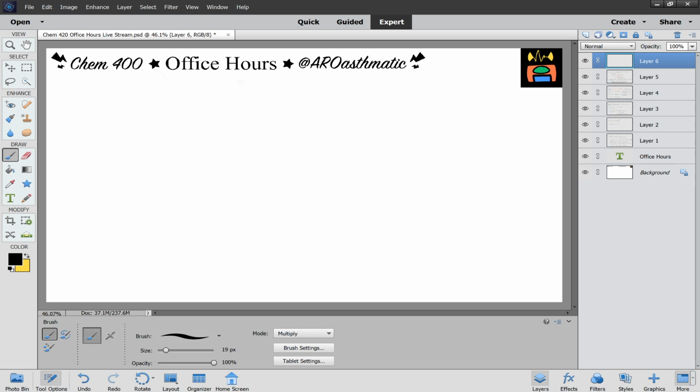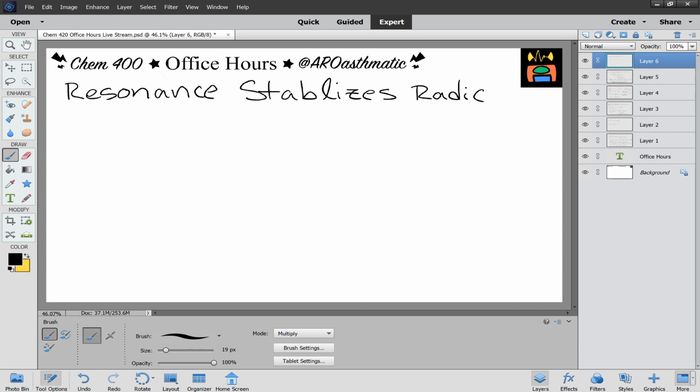Resonance stabilizes radicals in a major way.